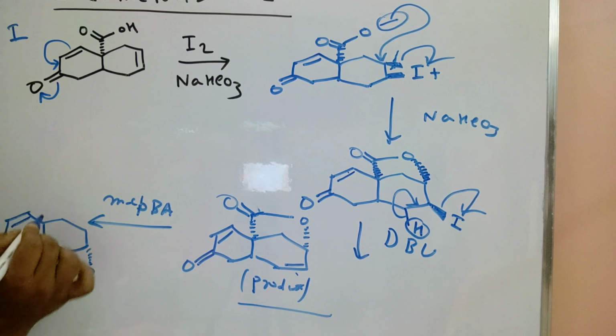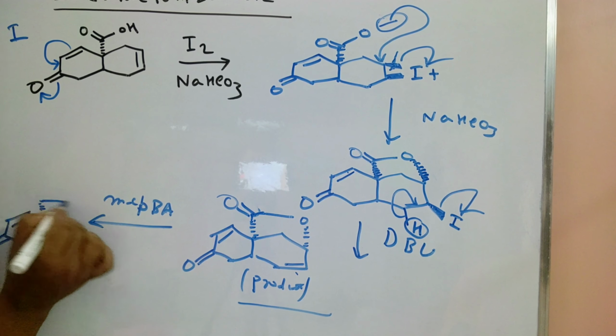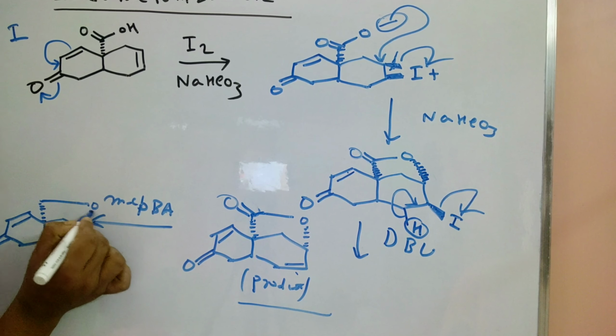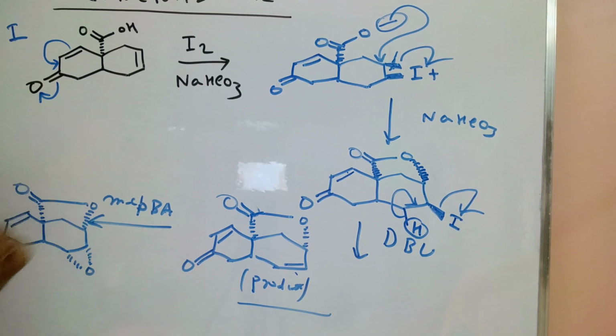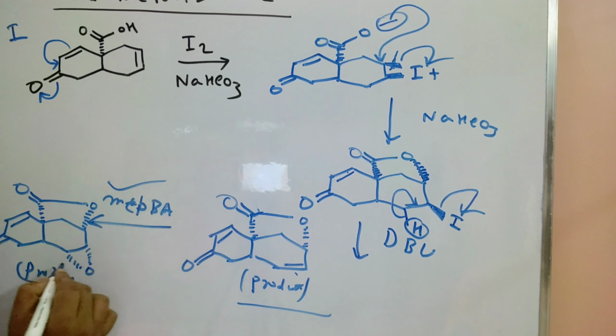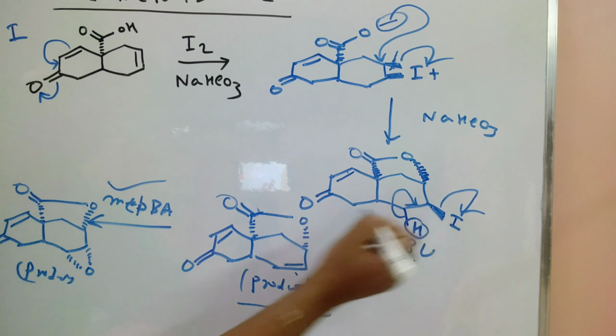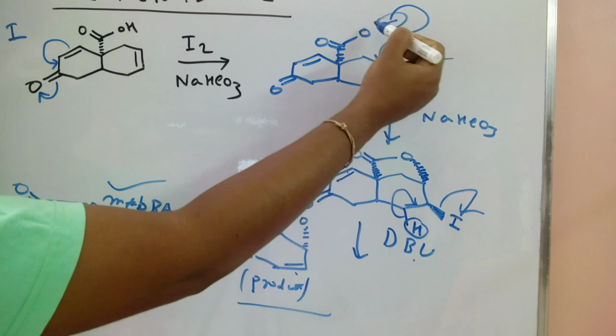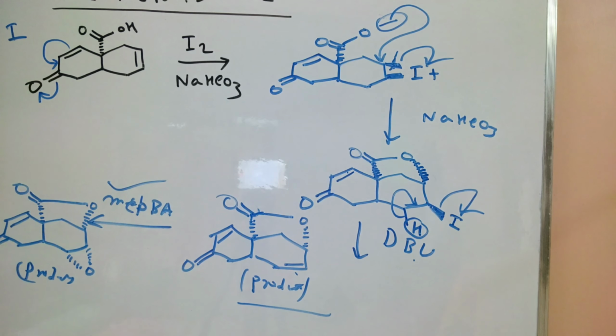This double bond is not fixed here. As a reason, epoxide is not present on that side. So this one is the MCPBA product. In the presence of DBU, hydrogen abstraction is possible. In the presence of bicarbonate, only this acidic hydrogen is removed because bicarbonate is a very weak base.